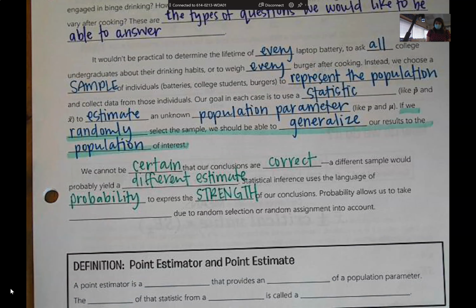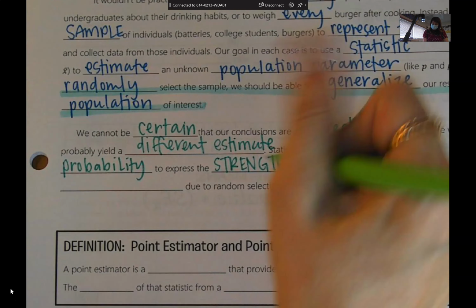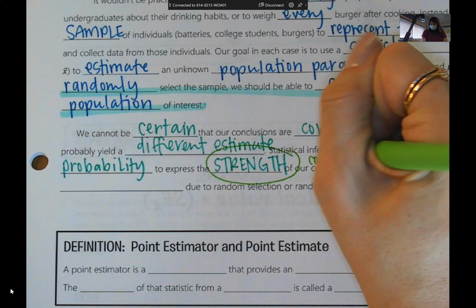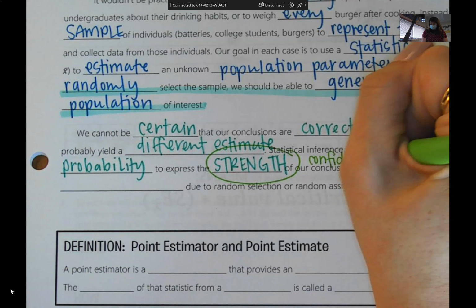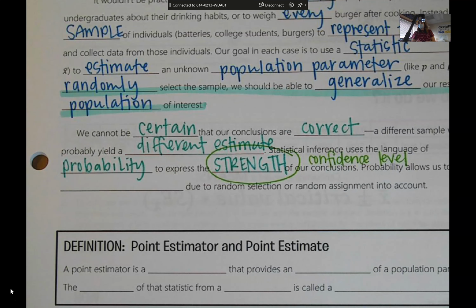When we say strength, we're specifically referring to how confident we are in our estimate. So next to that word strength, I'm writing in confidence level. The strength of our conclusion is how confident in our estimate we are.